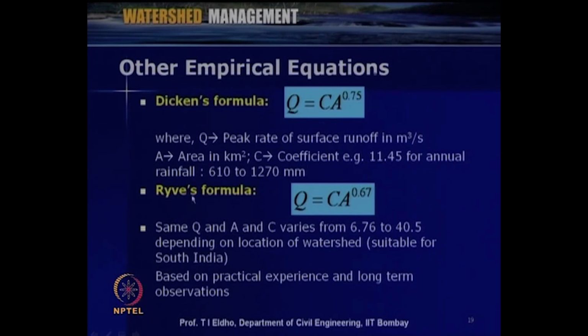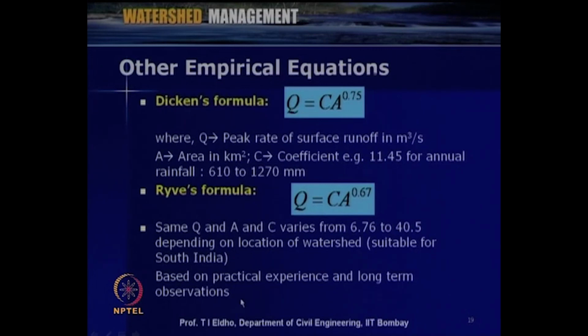Another commonly used formula is Ryves formula, which is very similar to Dickens formula: Q = C A^0.67. Here C varies from 6.76 to 40.5 depending upon the location of the watershed, and this was generally developed for South India.